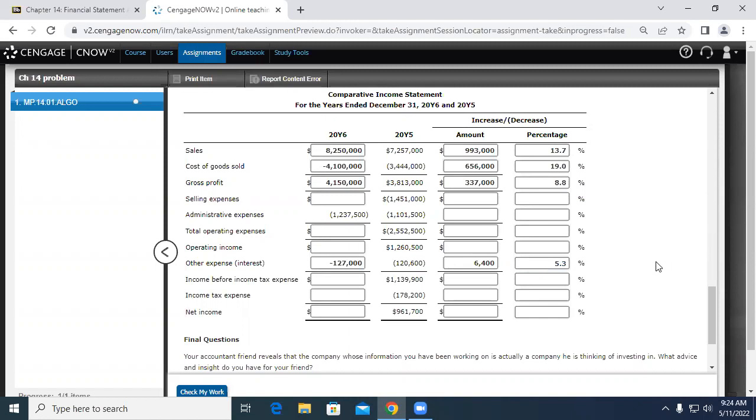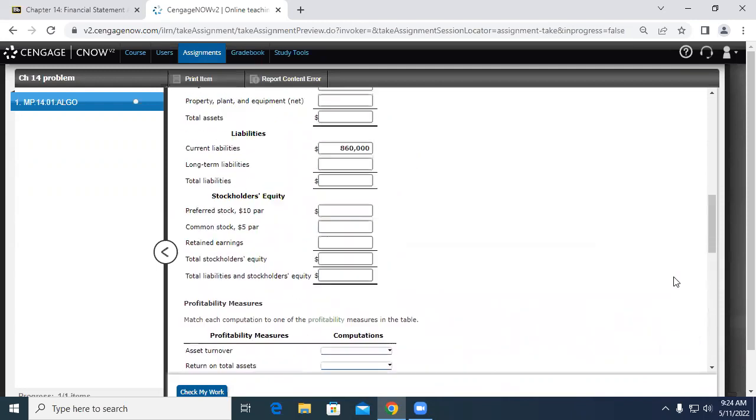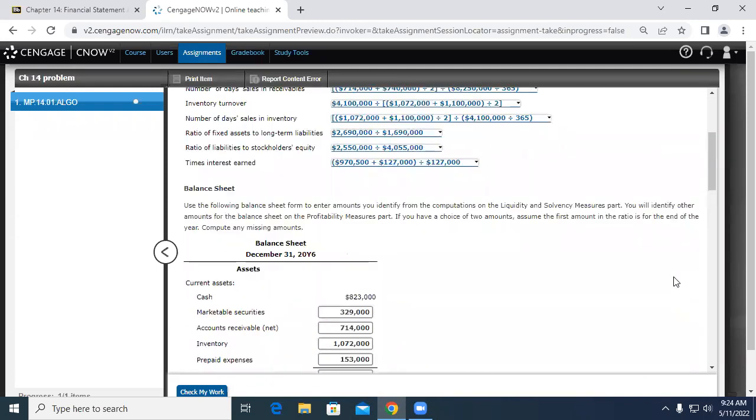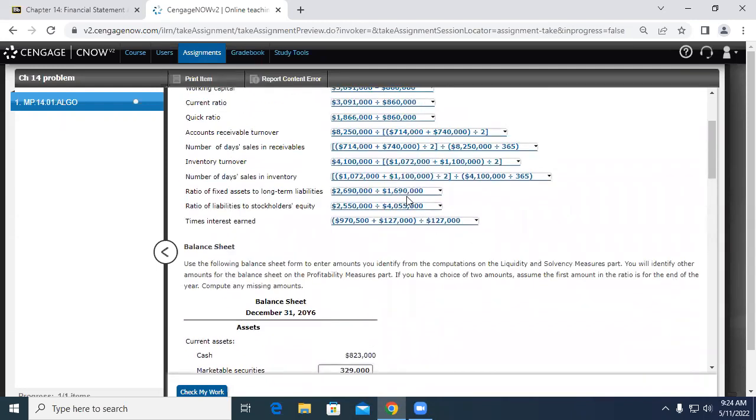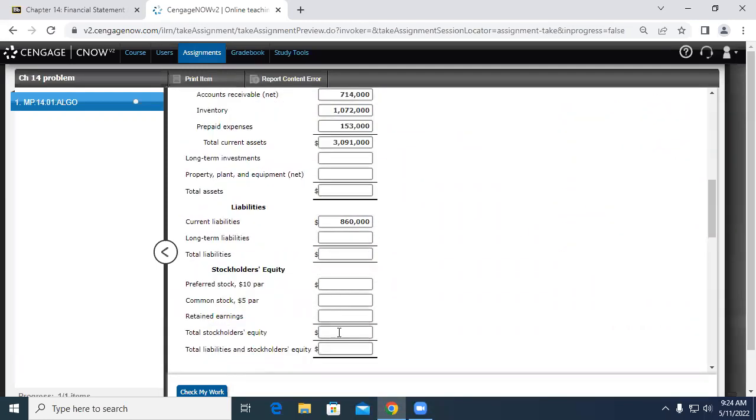Okay, so an increase of 5.3% in our interest expense this year. What else do we now know that might be helpful? We know our long-term liabilities is $1,690,000. So now we can find our total liabilities by adding those two pieces together.